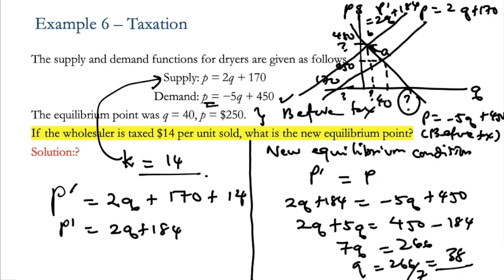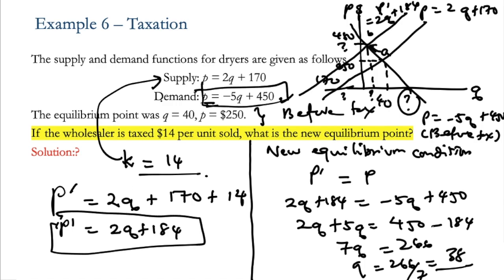But what about the equilibrium price? We can use this one, or you can also use this one to find the price, because now at this point B, the demand equals P prime. Don't use the old supply curve here, because the old supply curve does not reflect the tax.